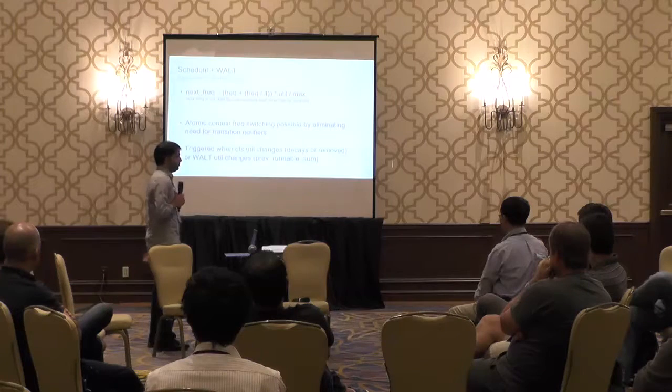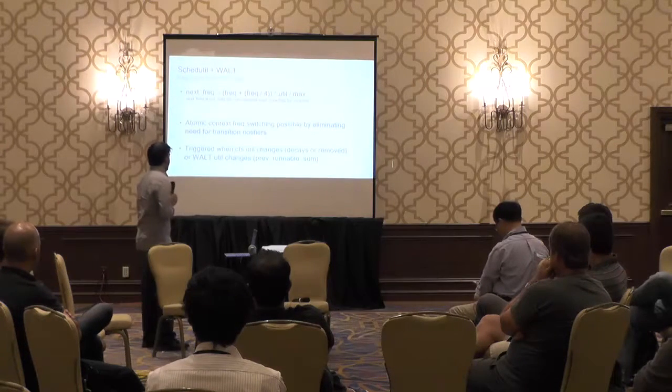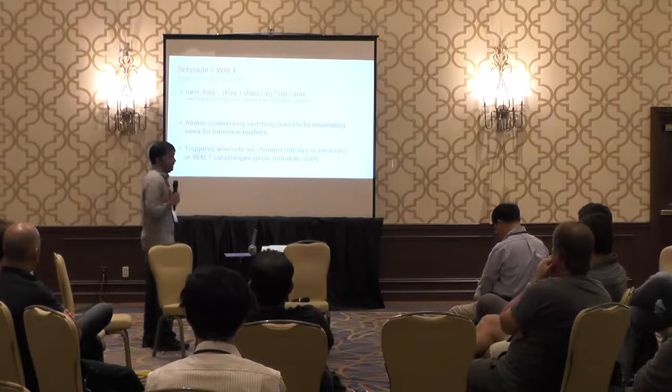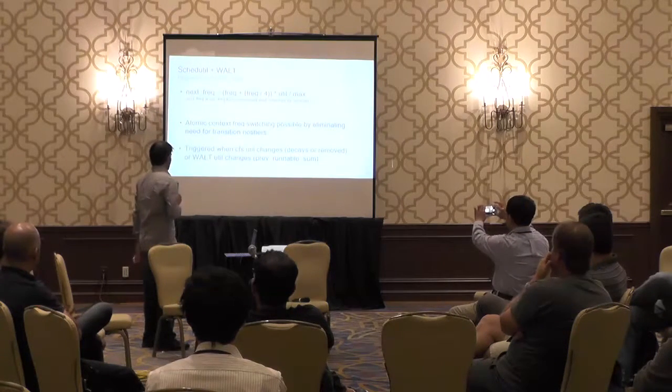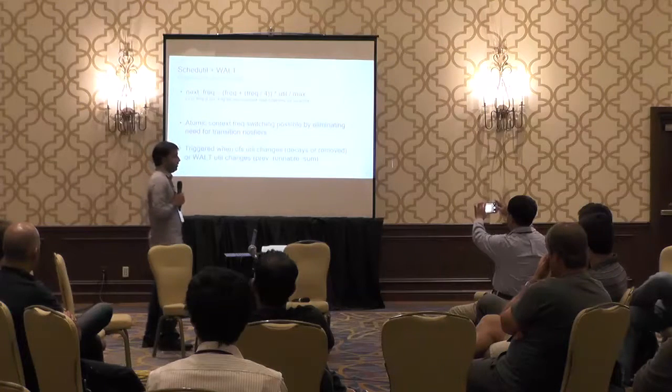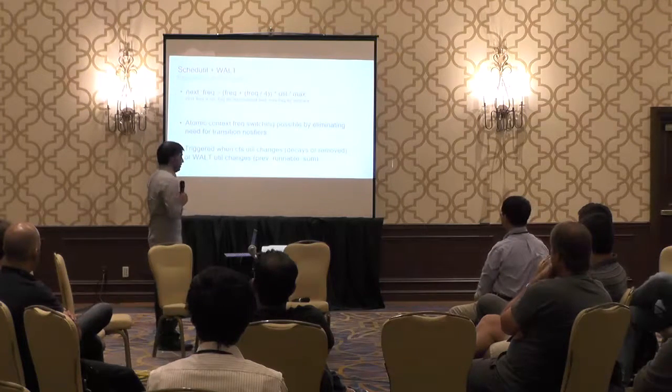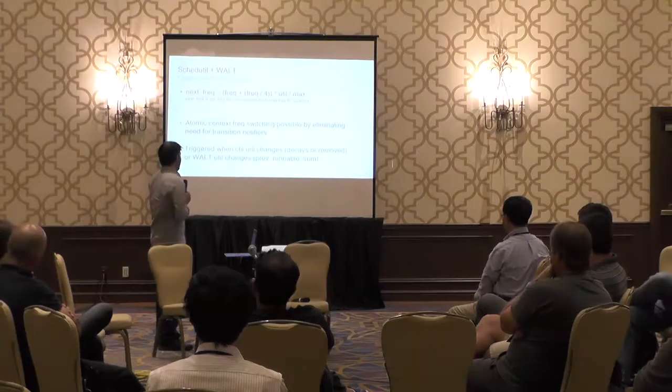We didn't want WALT to make that not possible. WALT used frequency transition notifiers, and schedutil prevents fast switching, that's what they call it, if you have even a single transition notifier registered, so we removed that.